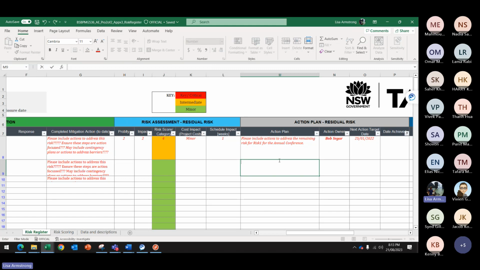Again, just ensure that the actions for the action plan are action focused.